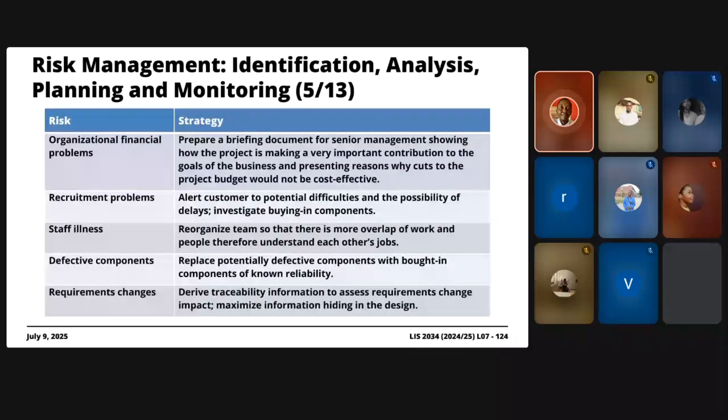The strategy we have for staff illness or project team member illness is you reorganize the team so that there is more overlap of work and people understand each other's jobs. So you have 5 of you. This time of the year, as we're transitioning to summer, it's a bit cold here. People are getting flu, putting on masks, and they're sick, right?